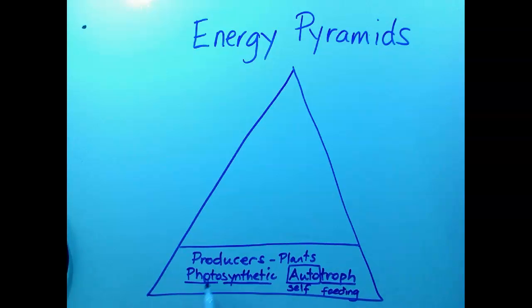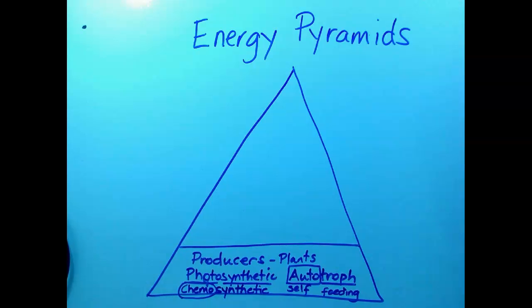An example of a producer is a photosynthetic organism like a plant, but we can also have chemosynthetic organisms, and those are bacteria. These guys, chemo means chemical and synthetic means to make. So they make their food from chemicals.